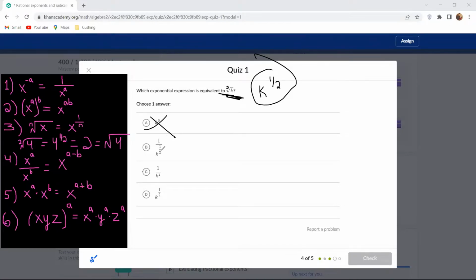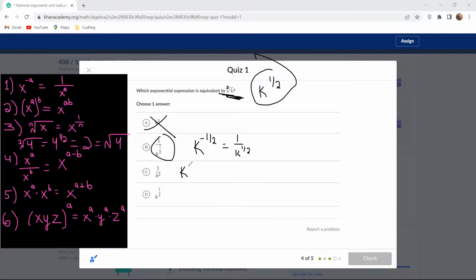Well, let's see. The 1/2 is in the bottom of a fraction. So according to rule number 1, this is actually equal to k to the -1/2. Because all we would do is just put this as 1 over k to the +1/2. So no, this would be an exponent of -1/2. We need +1/2. Right here, we have 1 over k squared.